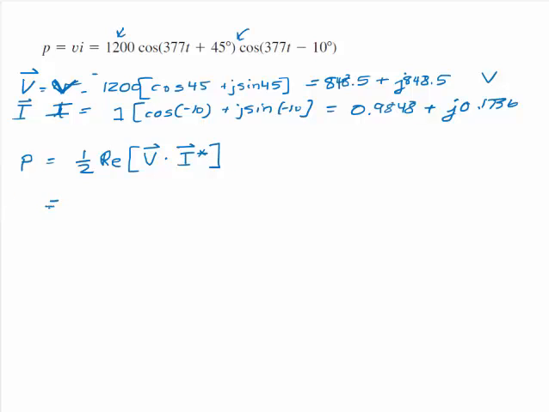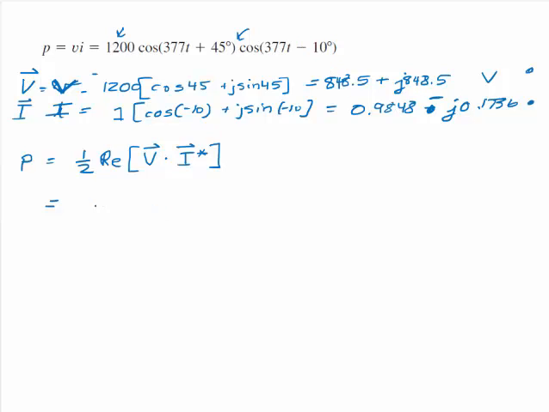So if we do that math, multiplying these two phasors together, I'm going to pause it and calculate. Oh, and I see a little mistake. This should be a minus sign, because it's minus 10 degrees, right?